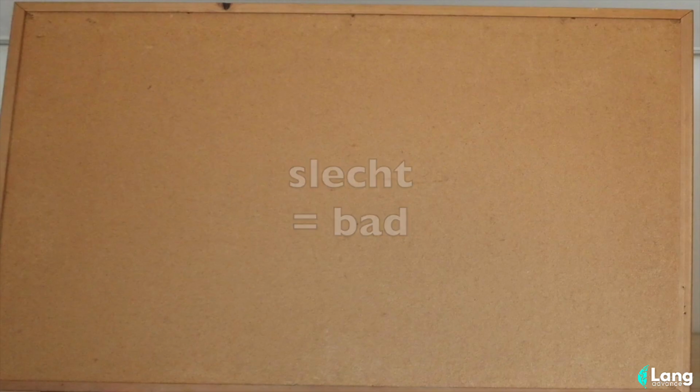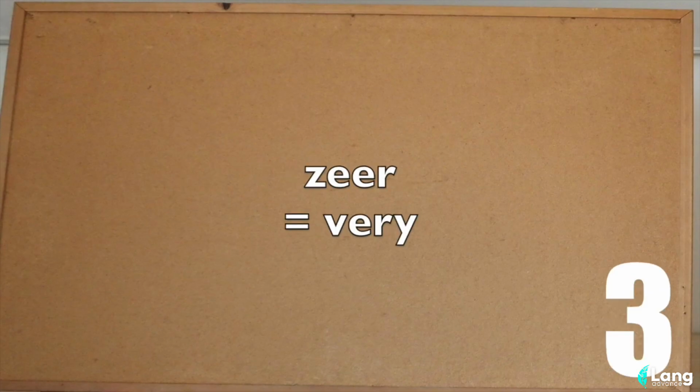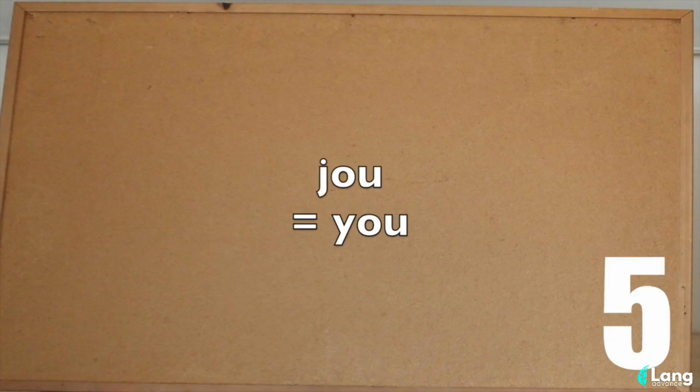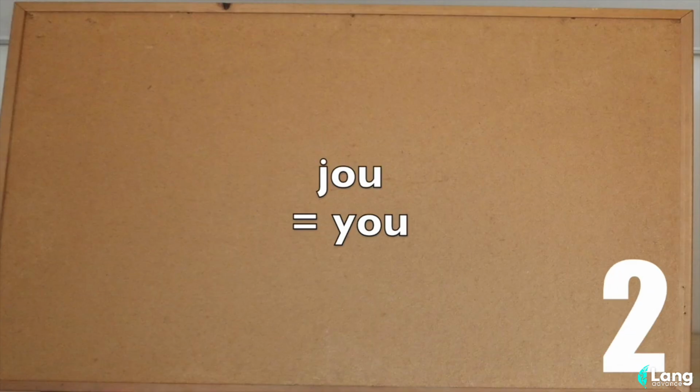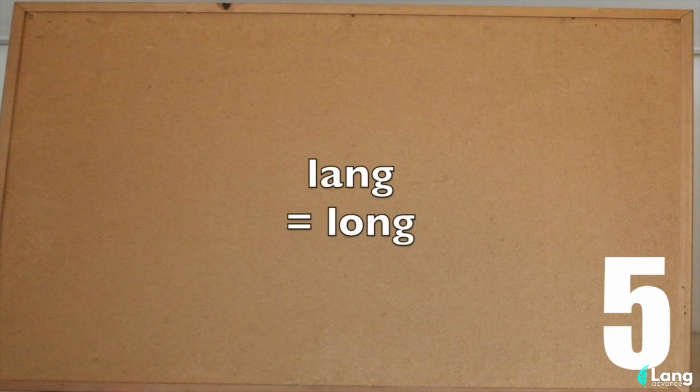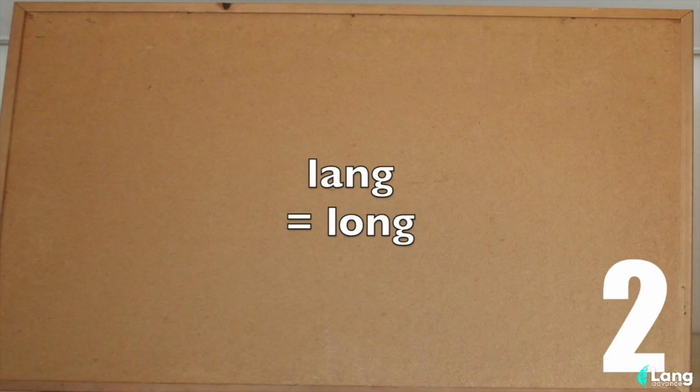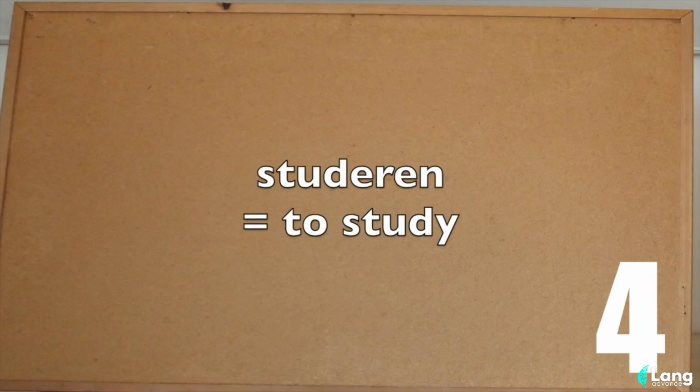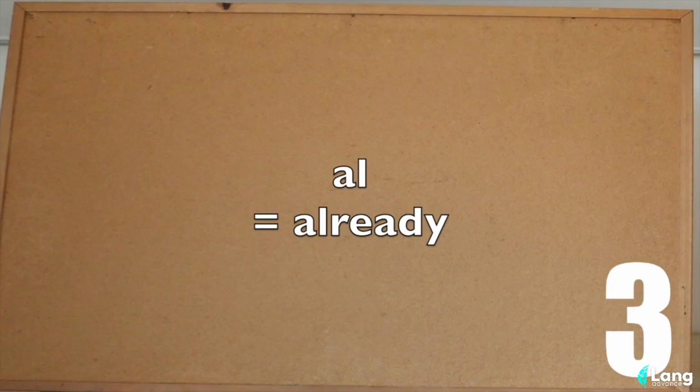Slecht means bad. Zeer means very. Jou means you. Lang means long. Studeren means to study. Al means already.